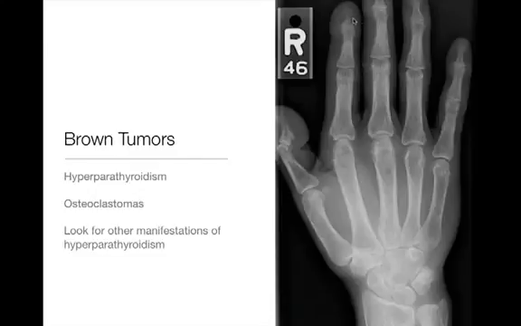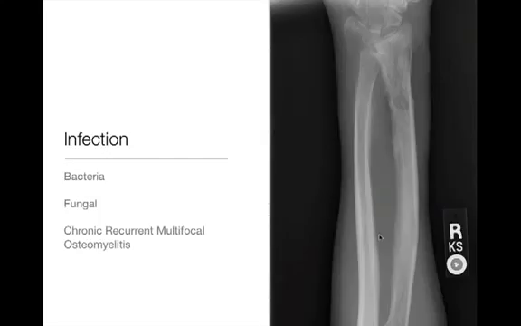This kind of band-like resorption, this distal acral osteolysis, is very typical of hyperparathyroidism. And if you saw a lytic lesion in this patient in the bone, then you could pretty much say with confidence that that was a brown tumor. So that's going to be a clue that you're dealing with brown tumors. Just look for other manifestations of hyperparathyroidism.